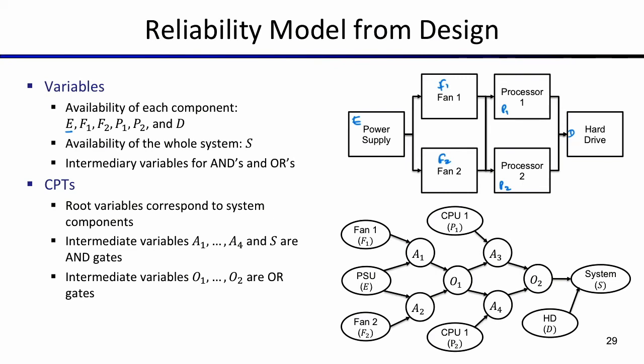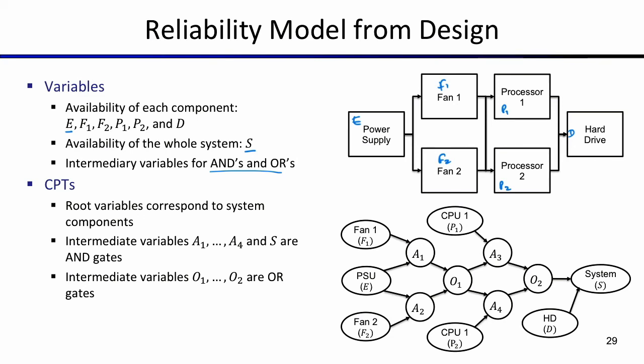We also have a new variable called S, for the whole system. You're going to see that S will represent the availability of the system. We also have some intermediate variables and ORs that are going to compose the availability of each of the subcomponents.